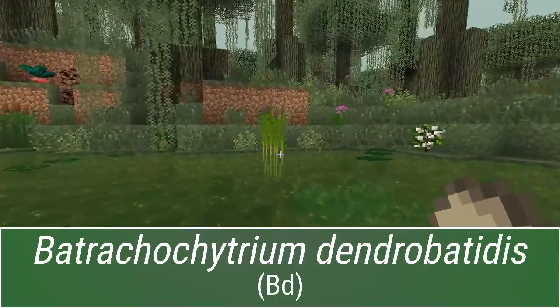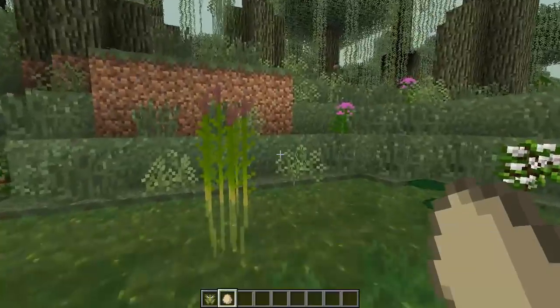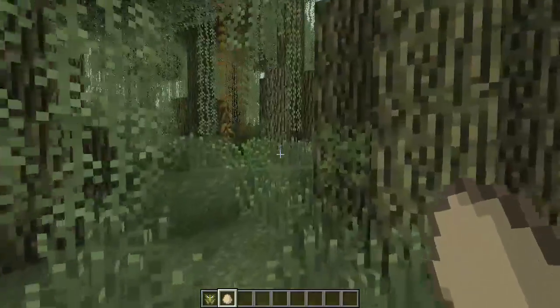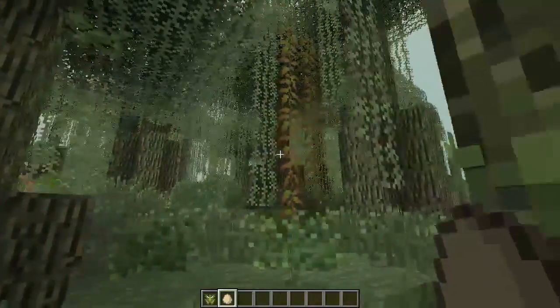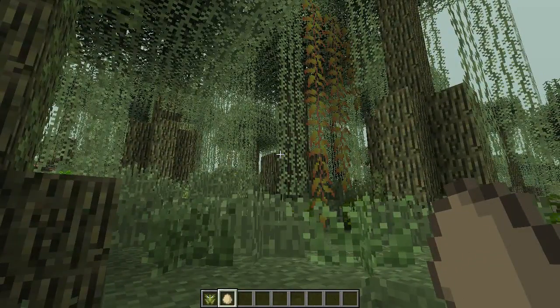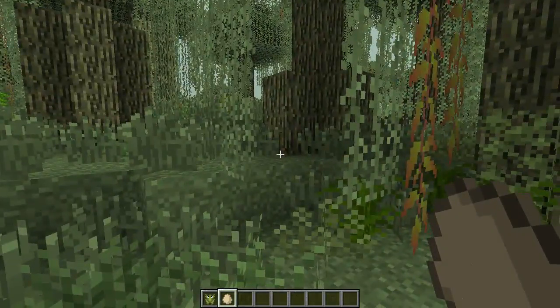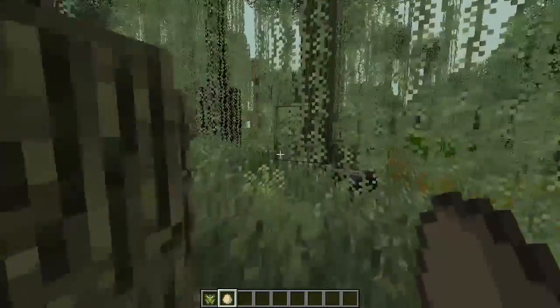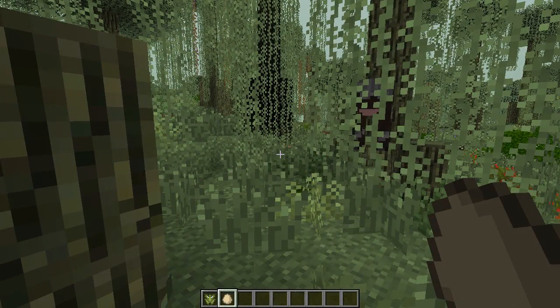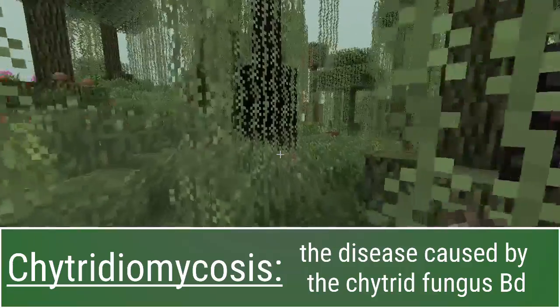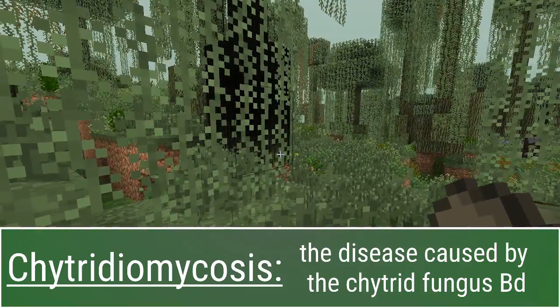The chytrid family is the largest fungus family, and many of the species of chytrid do not cause problems at all, and they're found all over the world, much like frogs. But this particular species and a few others affect amphibians and cause diseases. BD in particular can cause chytridiomycosis in frogs, which can lead to death.